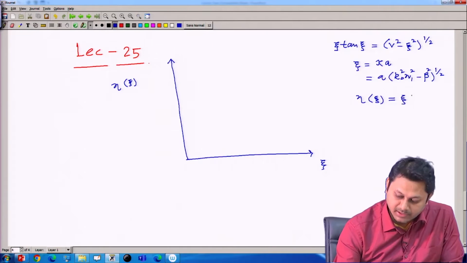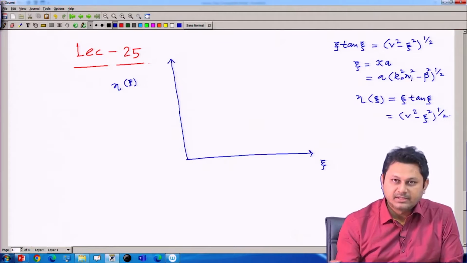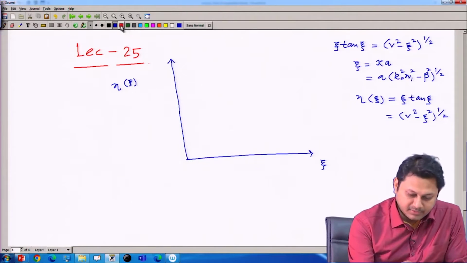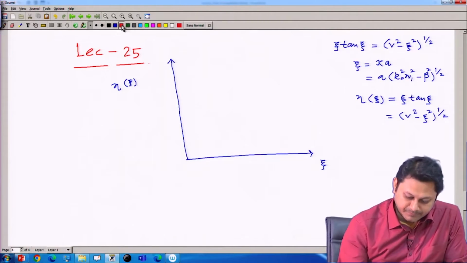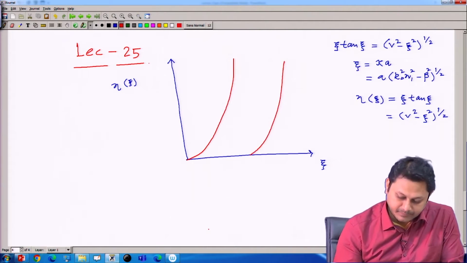So, xi tan xi, and also eta which is equal to (v square minus xi square) whole to the power half. These are the definitions I have written, and now I am going to plot that. If you remember, when I plot xi tan xi, it should be something like that.